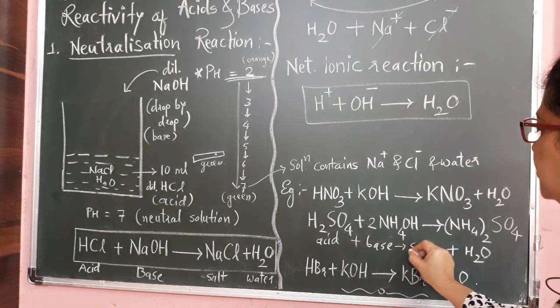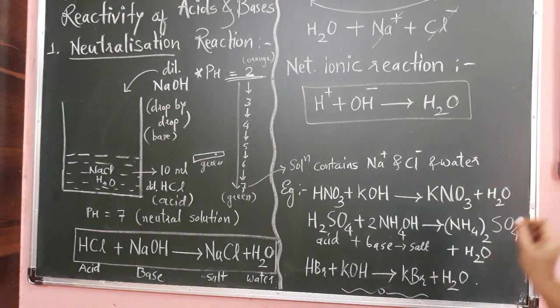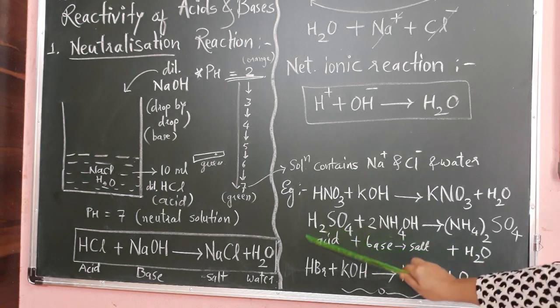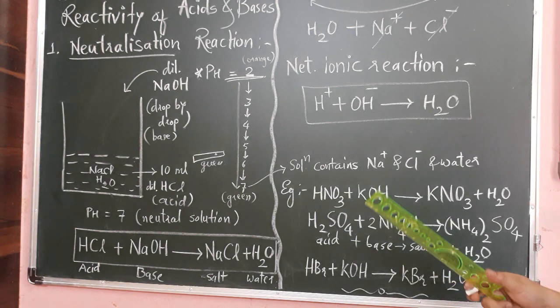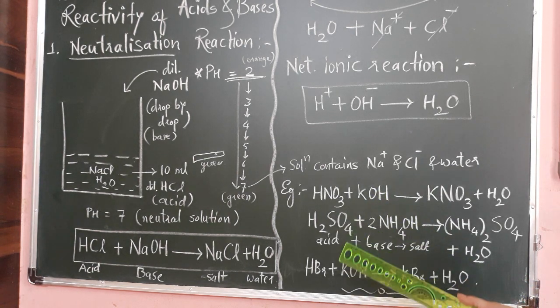This reaction is called the neutralization reaction. Similarly, acid plus base will give rise to a salt and water. So the reaction of an acid with a base forming a salt and water is called the neutralization reaction.